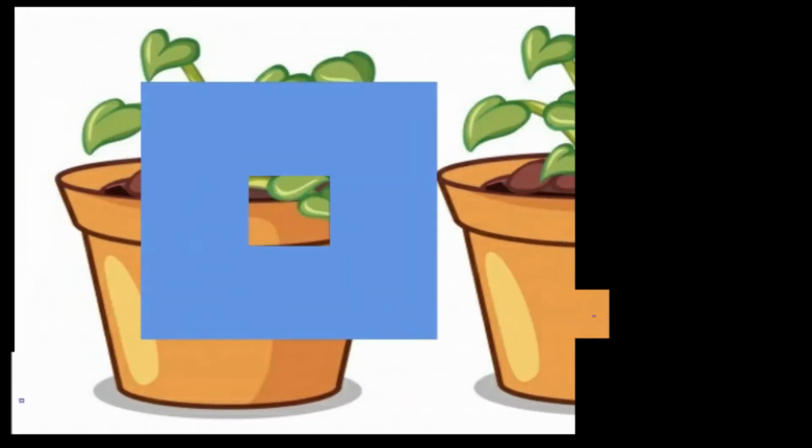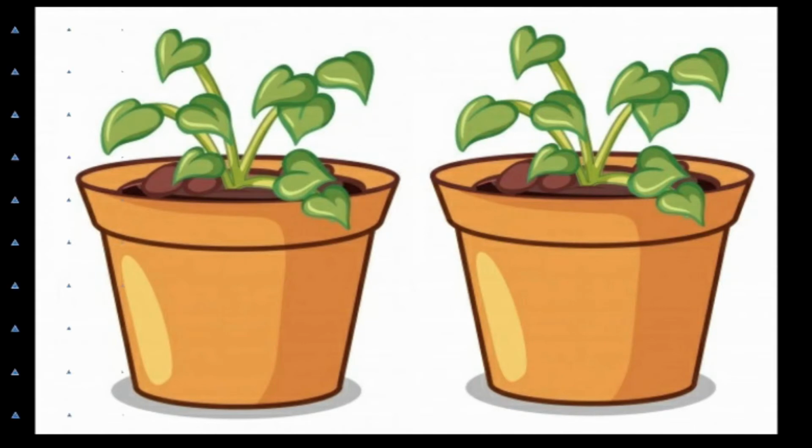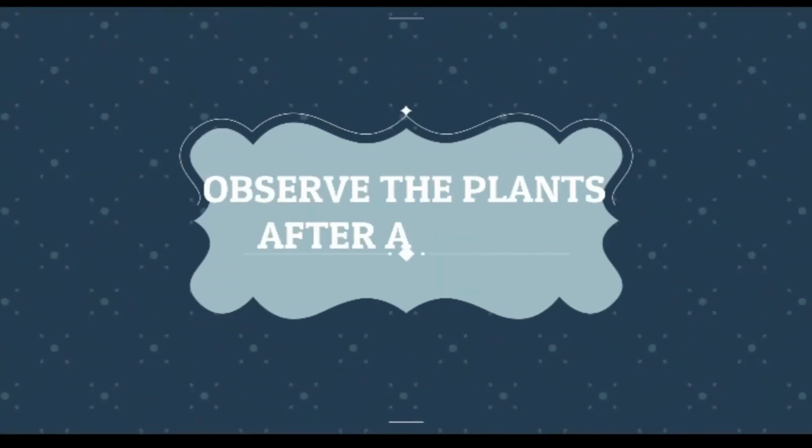Take two plants of the same variety and same size and plant them in two pots. Daily once pour water to one plant and do not give any water to the other plant. After a week, observe the two plants.